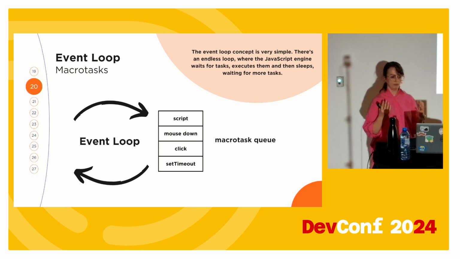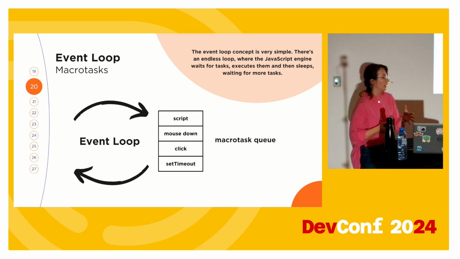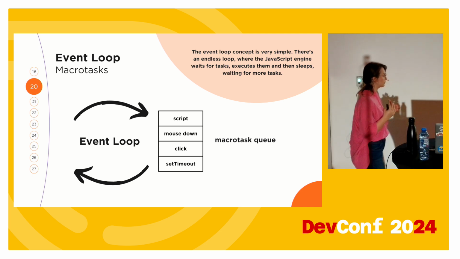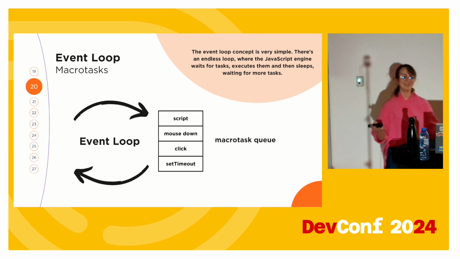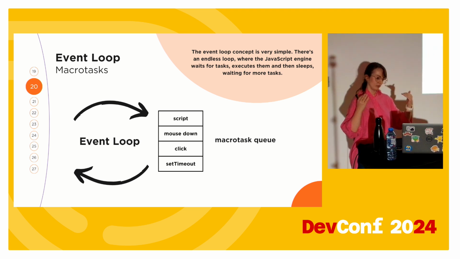We have an event loop in JavaScript. I hope you know this concept. If not, it will be a short recap. It is a very simple concept. This is some kind of an endless loop. We really like endless loops.